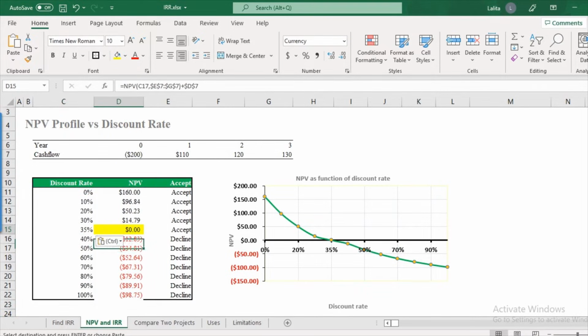And as you can see here, NPV is 0. So with this NPV profile, you get a clear understanding of the movement of your NPV, along with the discount rates. And the point of intersection at which your NPV becomes zero is your IRR, okay? And that's how you can visually understand what IRR is all about.